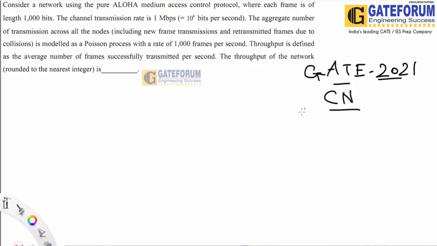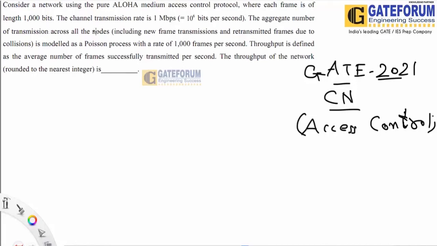Based on this, we can identify that this question belongs to the access control mechanisms, which are handled by the data link layer, where each frame is of length 1000 bits. So we have a pure Aloha based protocol in which each frame has a length of 1000 bits.